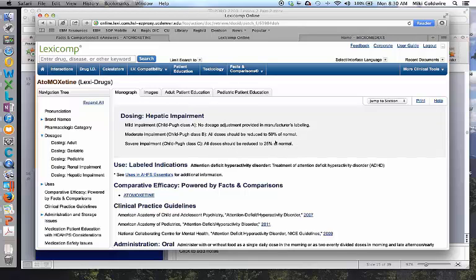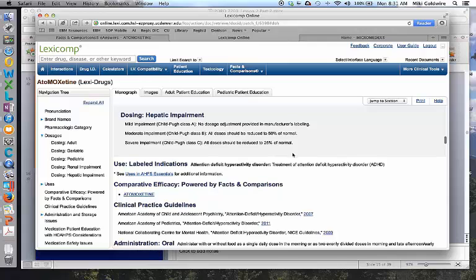So again, this is the language taken from the package insert. So if you're still not sure what is meant by 25% of normal, does that mean that I give the normal dose but I subtract 25% of that normal dose? Or does that mean that I give the normal dose and I subtract 75% of that normal dose?